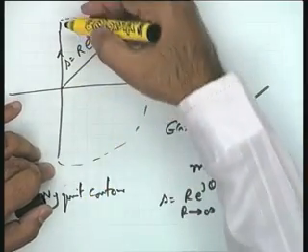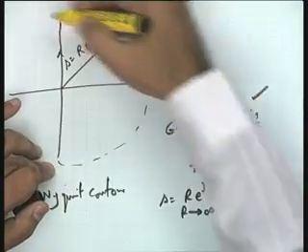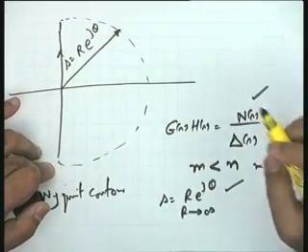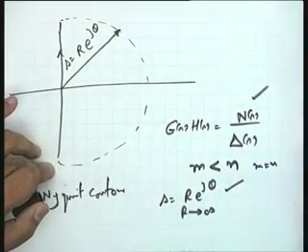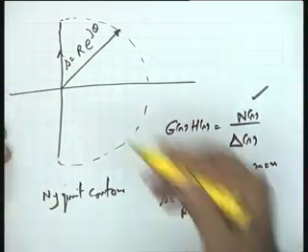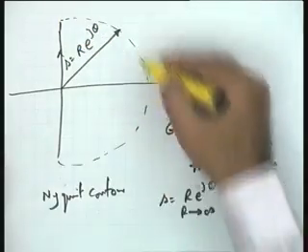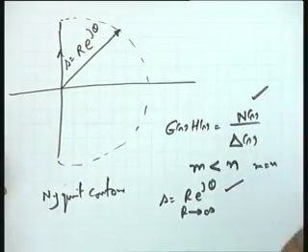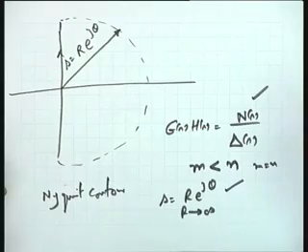In that case, this infinite semicircle will map into a constant point, a point on the real axis, a constant value.